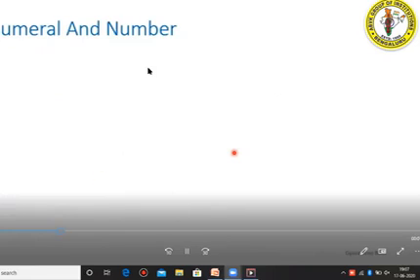Now we will see what is a numeral and a number. What is the difference between numeral and number? Here we have the word tiger. How many letters does tiger have? 1, 2, 3, 4, 5.